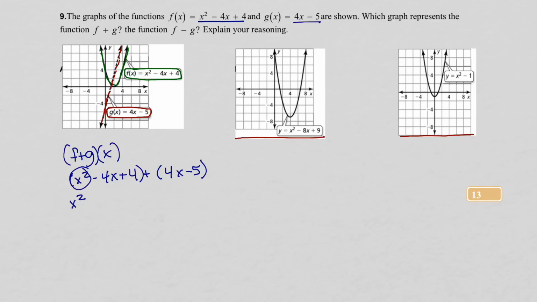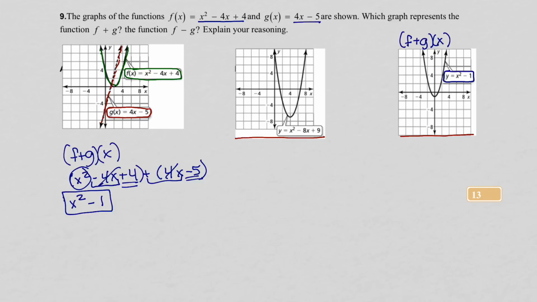Okay, so that's good. And then here I've got a negative 4x and a positive 4x. Well, those add up to 0. I don't need to write them. And then a 4 minus 5 gives me a negative 1. Well, I'm looking, and that is exactly what this graph says. So I know that this graph represents that f plus g of x.